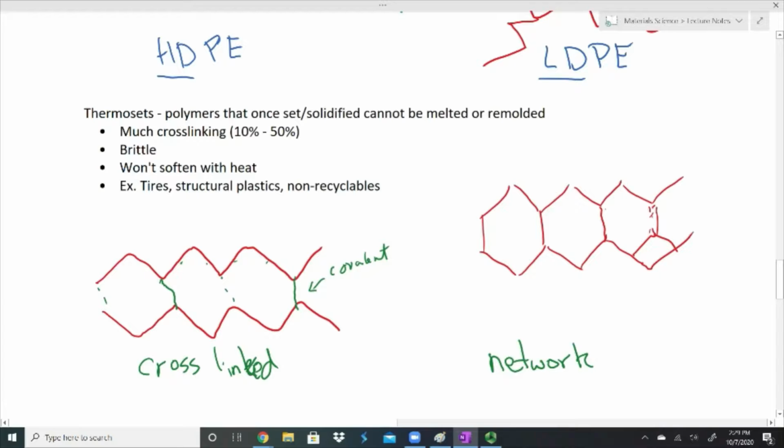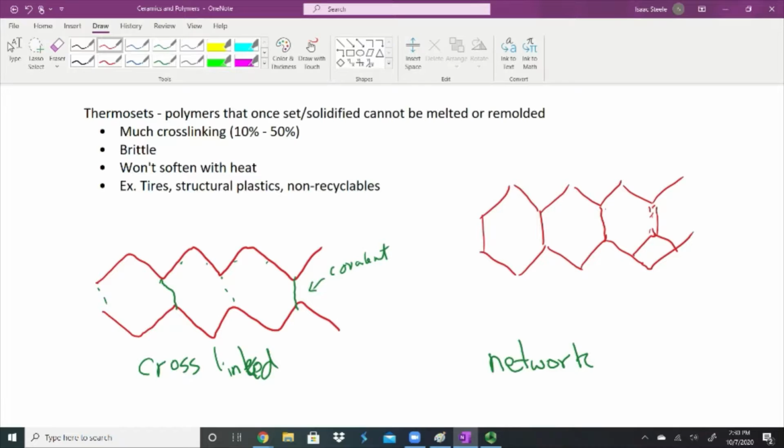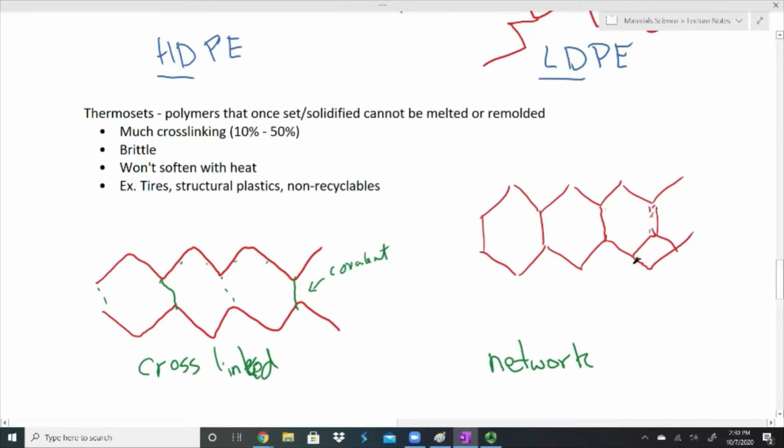It's completely networked together. So that would be what a complete network material looks like.